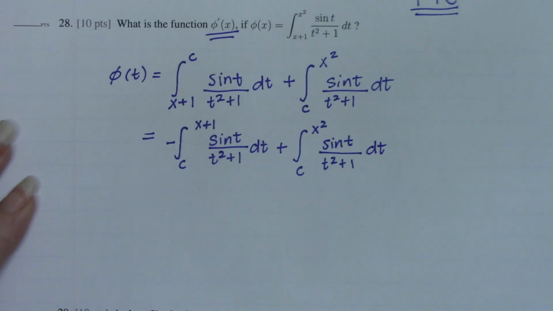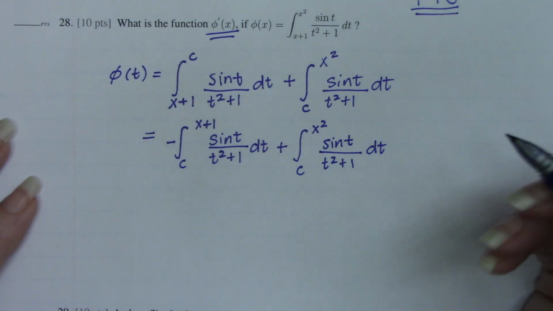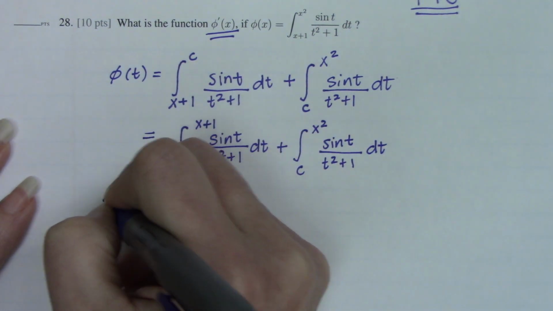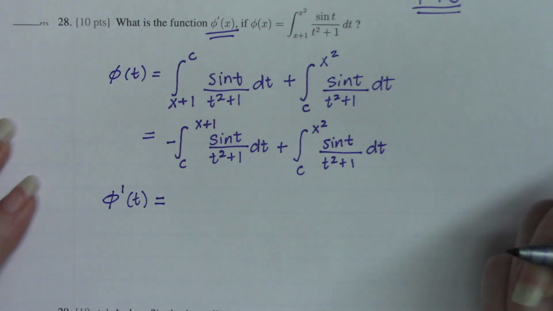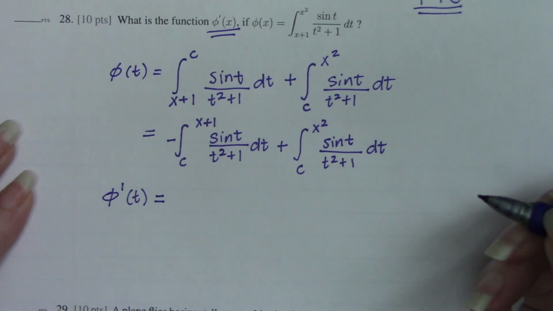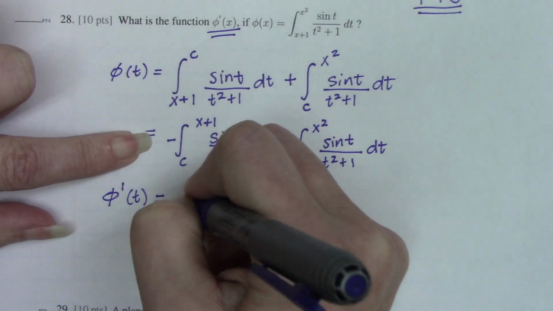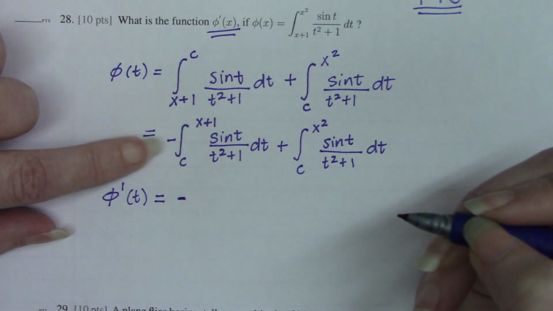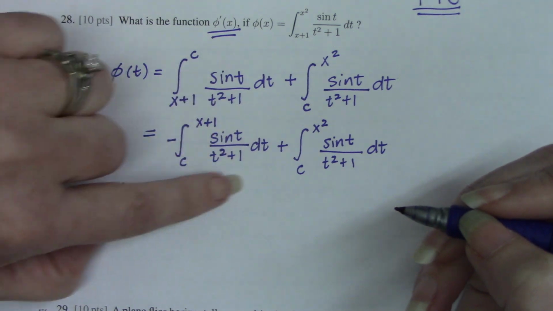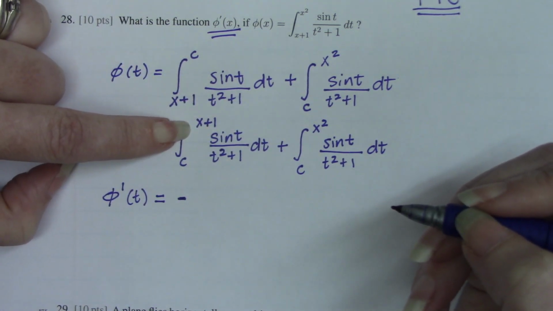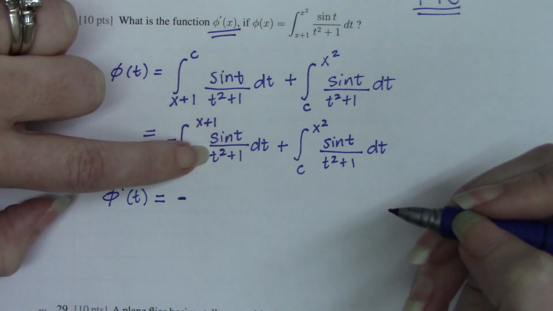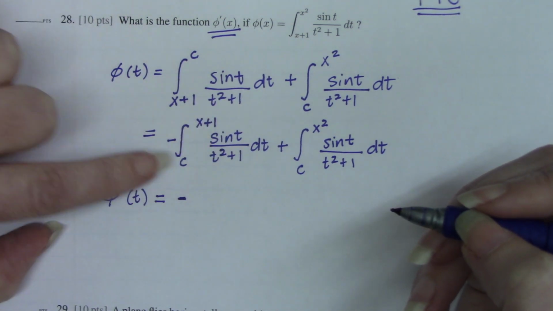Okay, so now if I want to take the derivative, the way it works is the following. This is a -1, so I still have my -1. The way you take the derivative of this integral is you plug the expression that's here in for everywhere you see a t into this equation.